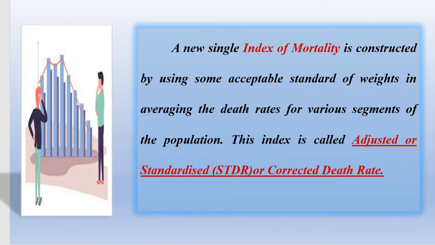So a new single index of mortality is constructed by using some acceptable standard of weights in averaging the death rates for various segments of the population. This index is called adjusted or standardized or corrected death rate.